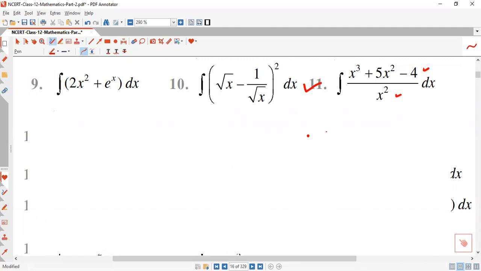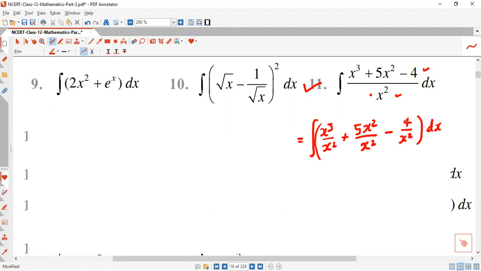I will write it just below. This integration becomes x cube upon x square plus 5x square upon x square, not plus, this is a minus sign, minus 4 upon x square, and we want to integrate.